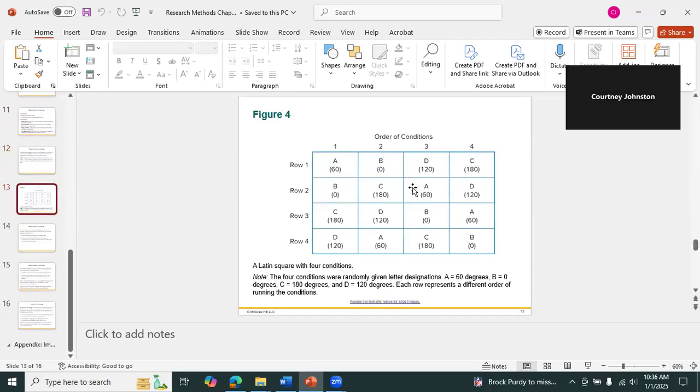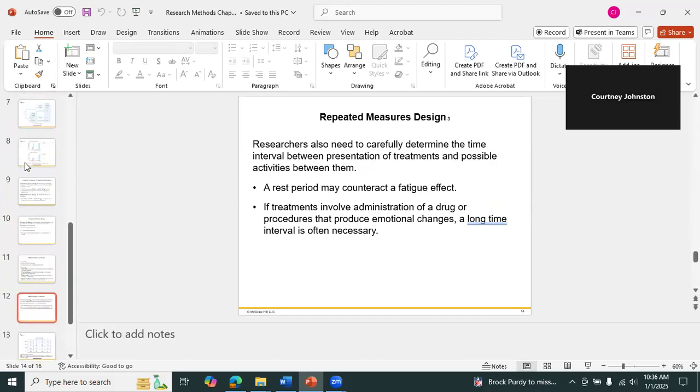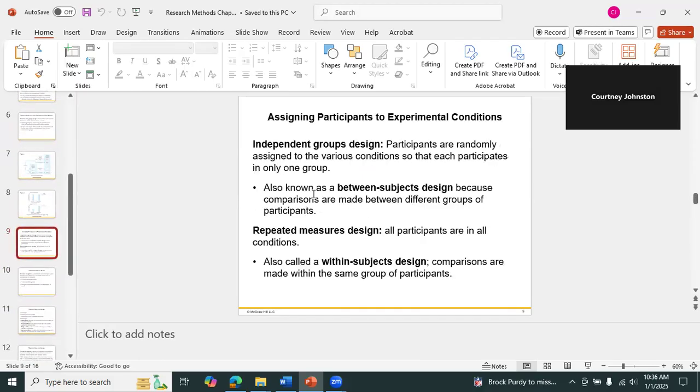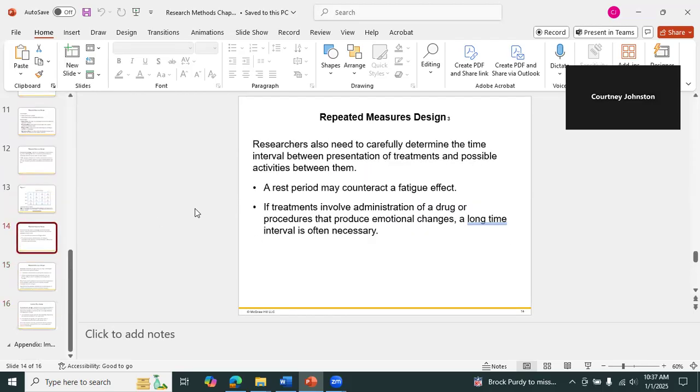And you can see these orders here. Okay, when it comes to a repeated measures design, again, that's going to be the within subjects. Researchers also need to carefully determine the time interval between the presentations of treatments and possible activities between them.